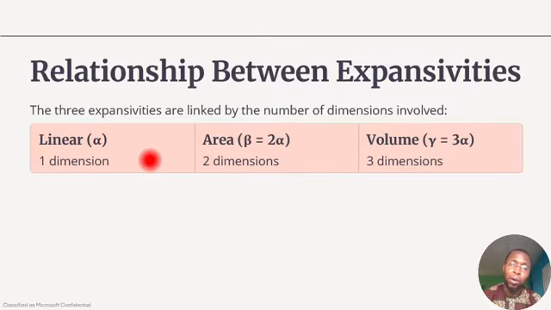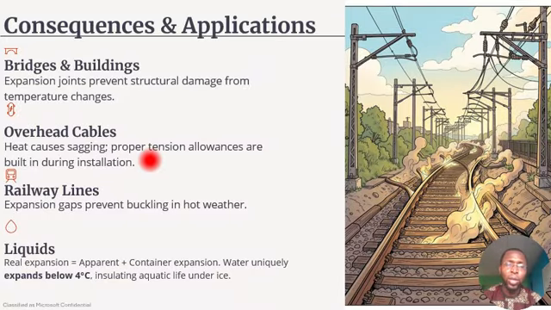Okay. Now, what is the consequence of expansion? We have seen that there are three types of expansion, but does expansion have consequences? Yes, it does. Imagine a substance just expanding. Take the bridges that we see on the road, and buildings. Imagine a bridge expanding.